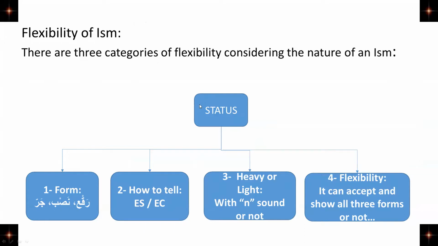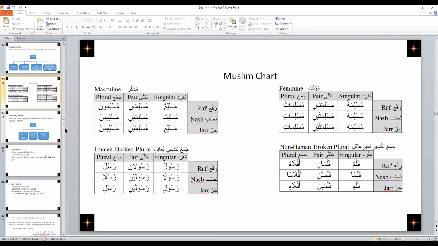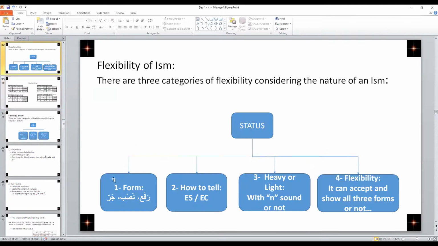These are the things that we have learned: the form of the status, how to tell the state. So the form can either be rough. Sorry, this is rough. Nothing problem with my mouse, right? It's supposed to be rafa, not raka.